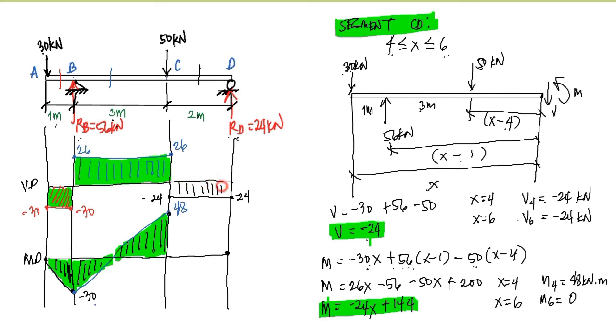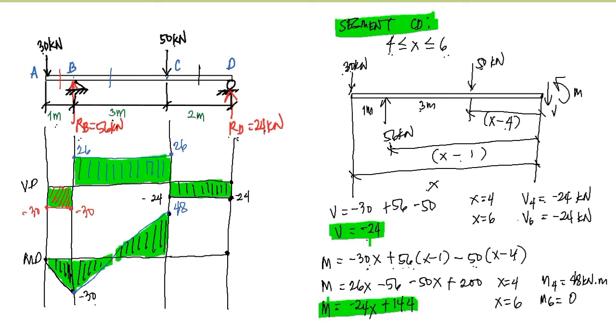And this is our shear diagram. So this shear diagram here will be closed by the reaction at D, which is 24 kilonewton upward. So from here it closes our shear diagram, and that would be equal to 0. So if your shear diagram does not close, be suspicious, because it means there is a mistake.